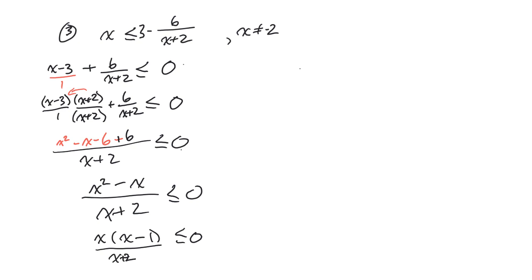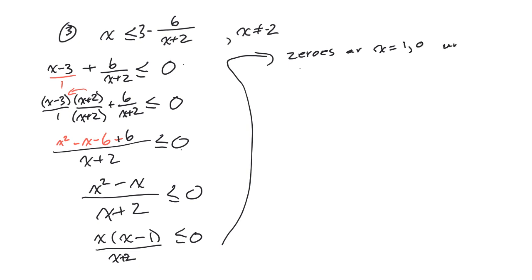So now that we have that, remember x cannot equal negative 2. And on the top, we factored it out to be x and x minus 1. So the zeros for this problem are x is equal to 1 and 0, and it's undefined at x is equal to negative 2, based on what we started with right here.